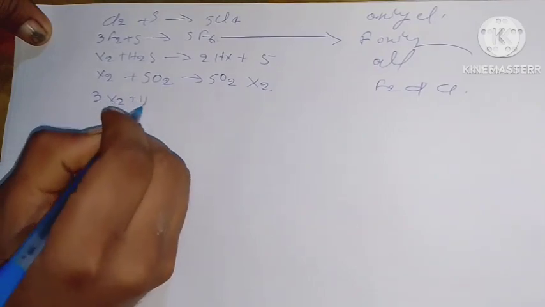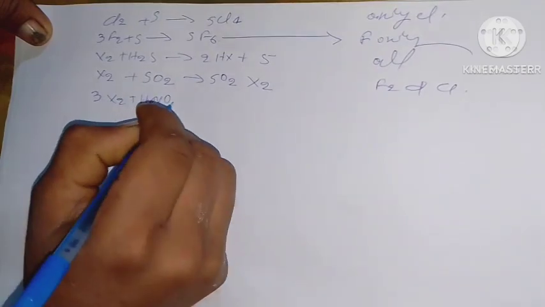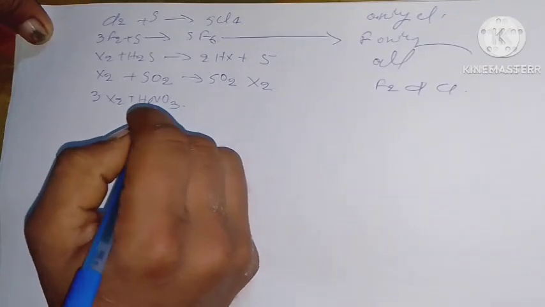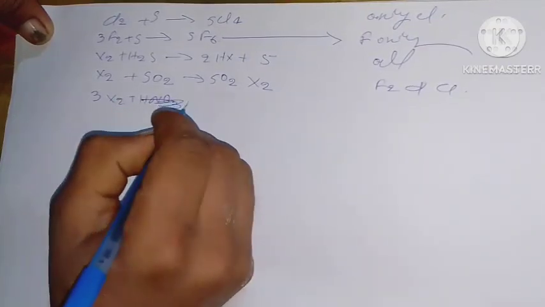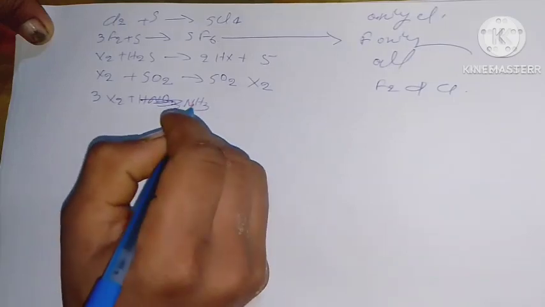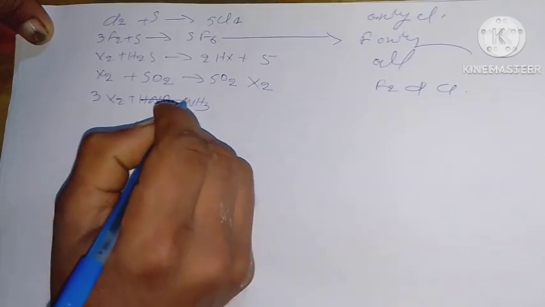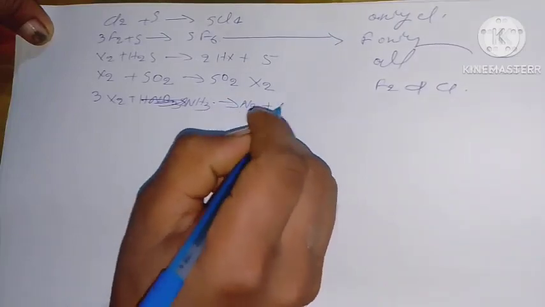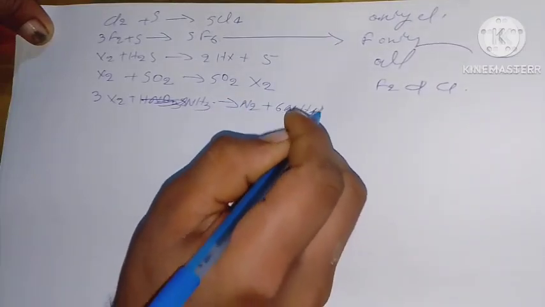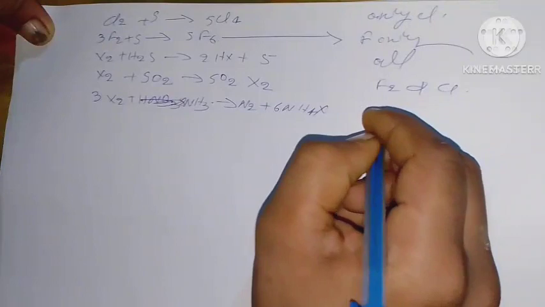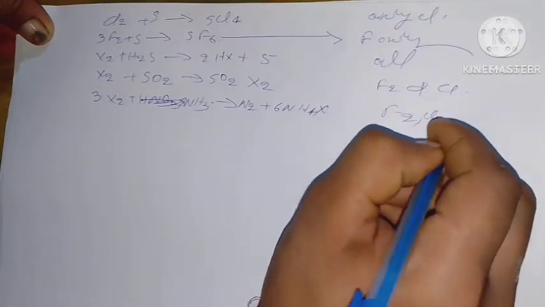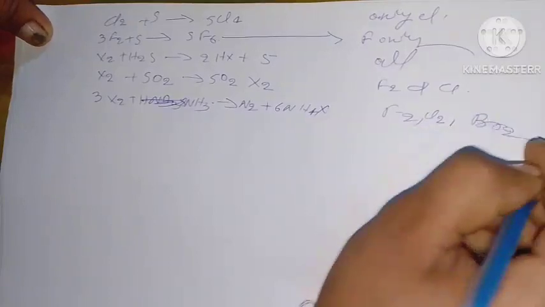3X2 plus 8 molecules of ammonia NH3 gives nitrogen gas plus 6NH4X, reacted with only fluorine and bromine.